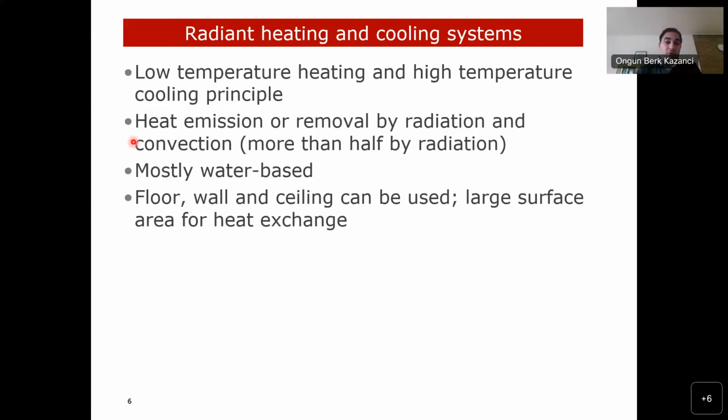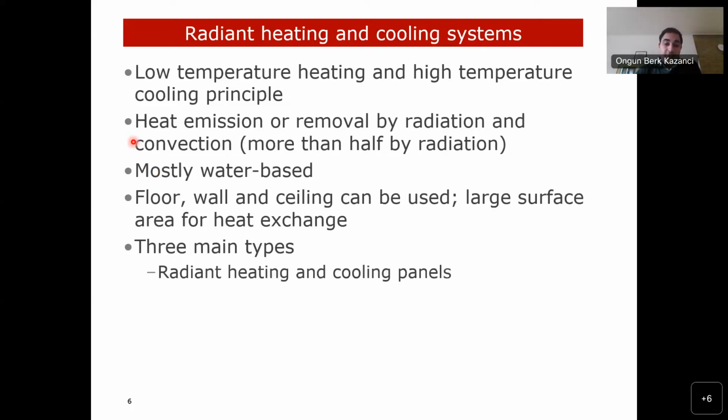As I said, they're mostly water-based, and they use floor, wall, and ceiling surfaces, so they have very large heat transfer areas. And this is also the main reason that allows this low temperature heating and high temperature cooling principle to be realized. There are three main types. The first type is radiant heating and cooling panels, which are usually suspended from ceilings, and they are detached from the building structure.